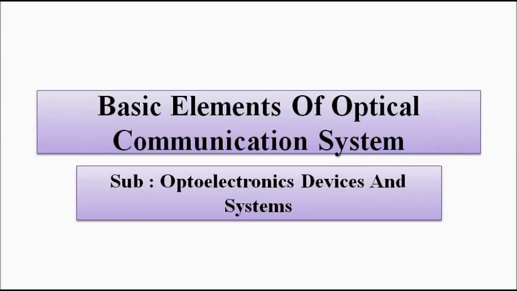So in this video we are just going to discuss the various functional blocks, the basic elements of an optical communication system. The optical communication system is also called fiber optics communication or optical fiber communication system. So we'll discuss the various operating blocks. We are just going to have a basic discussion on it.